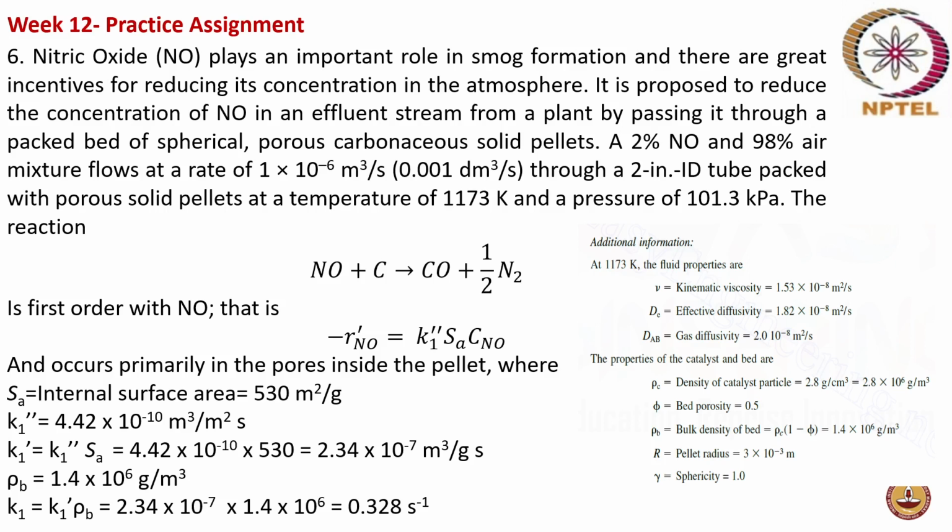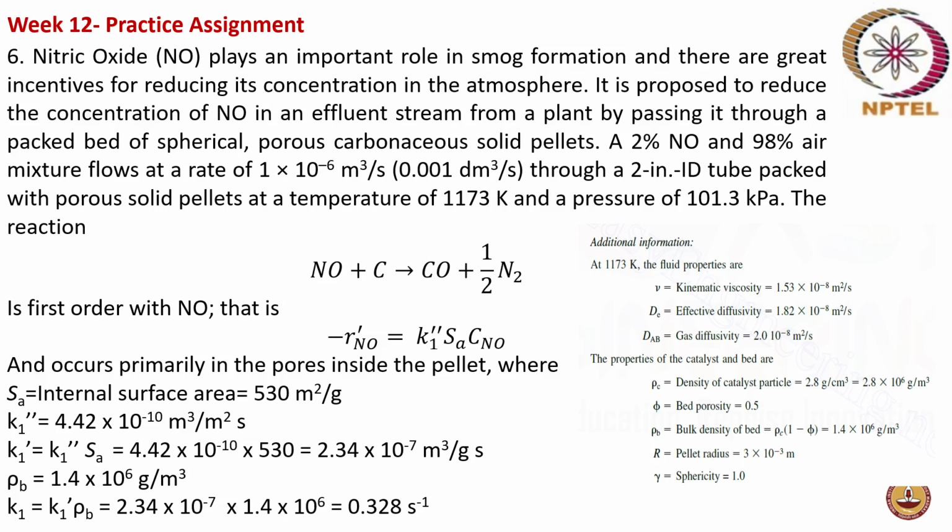Then K1' in terms of the weight of the catalyst is given by K1'' into SA, that is 4.42 × 10^-10 into 530. That will give you 2.34 × 10^-7 meter cube per gram second.